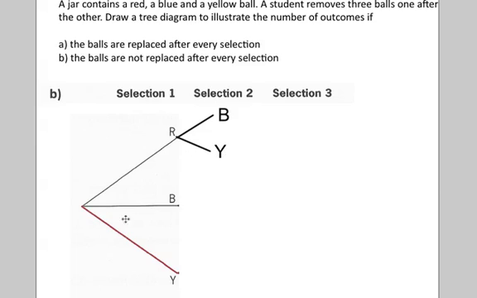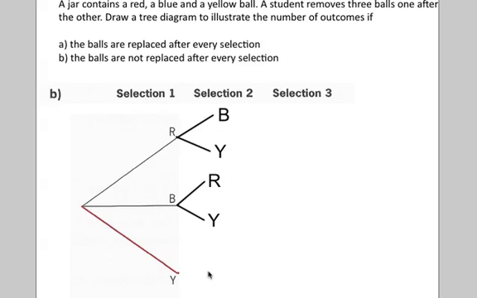And if we select blue first, well, we can't select blue second because of no replacement. So again, we could have red drawn second if we draw blue first, or we could draw yellow second if we drew blue first.